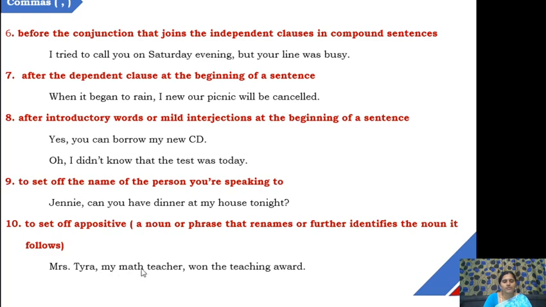So the part which is kept in commas is called an appositive because it is giving an identification of which person we are referring to. My math teacher, who is she? Mrs. Tyra. Tyra won the teaching award. So when you are using appositives in a sentence, they have to be kept in between commas.